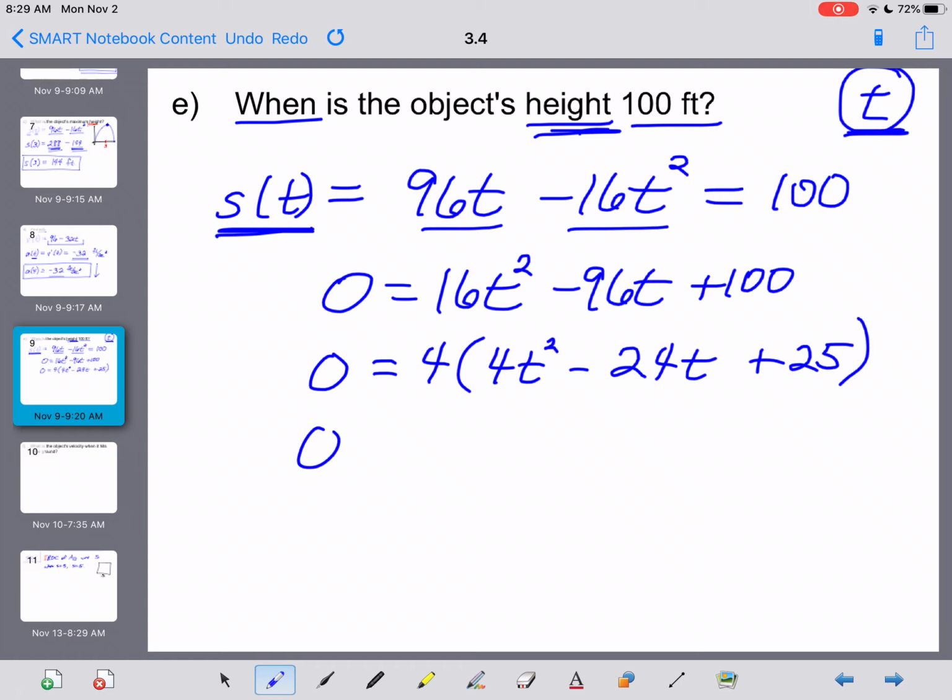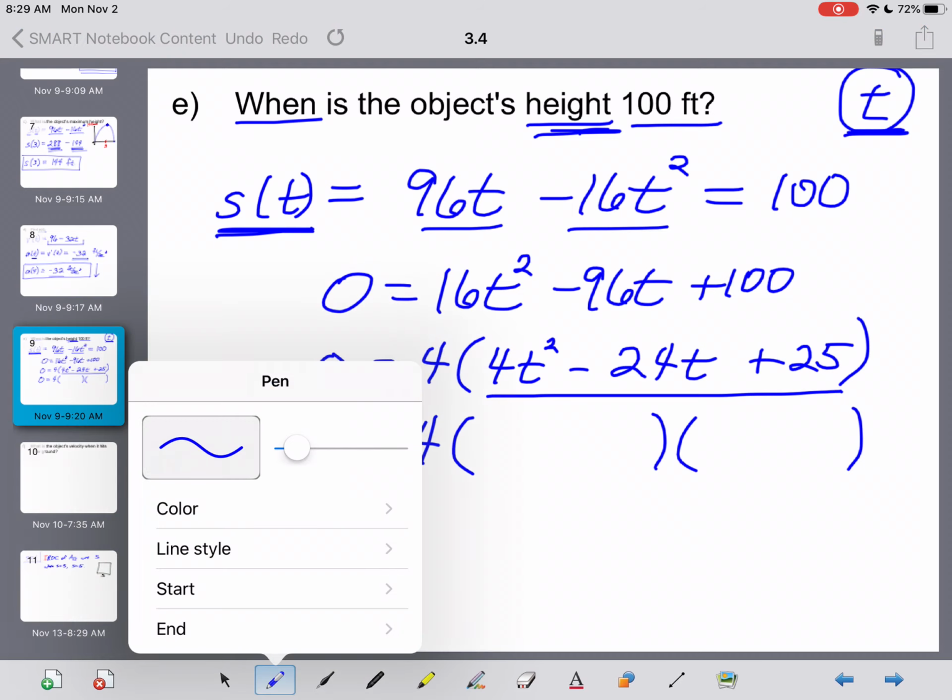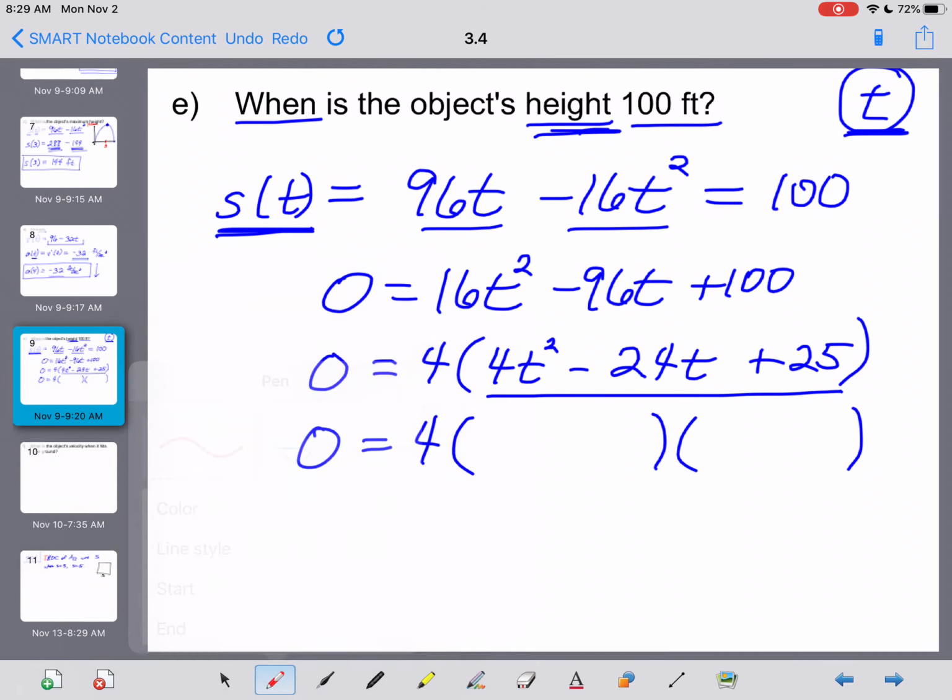Now my hope would be that this quadratic trinomial is going to factor into the product of two binomials. But I want to show you guys a little trick that maybe you've learned and maybe you haven't over the years. And that trick is to find the value of d, your discriminant, which is always found by taking b squared minus 4ac.